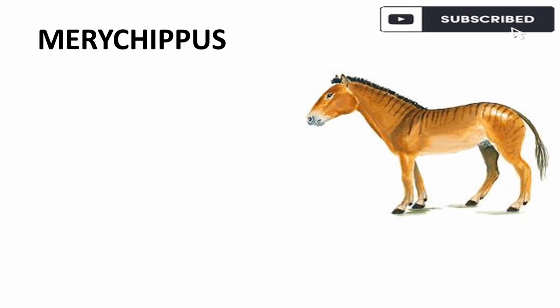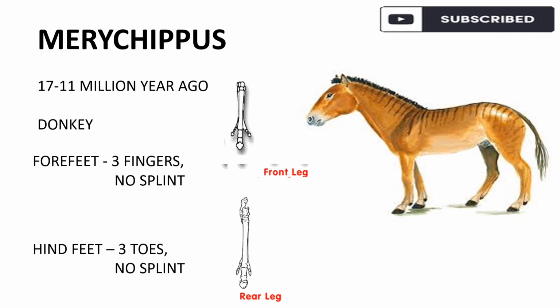The next is Merychippus. Merychippus originated 17 to 11 million years ago, and its height was like that of a donkey. It was around 100 centimeter in height. Its forefeet has 3 fingers but no splint, as well as its hind feet has 3 toes and no splint.